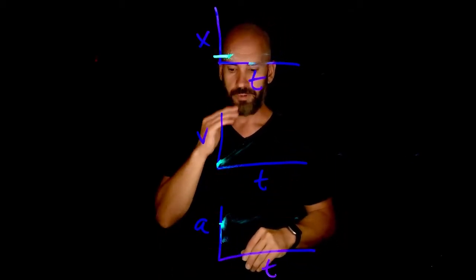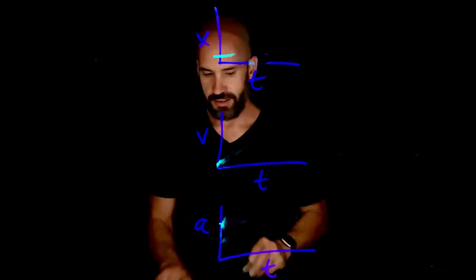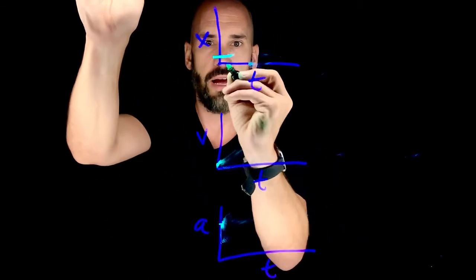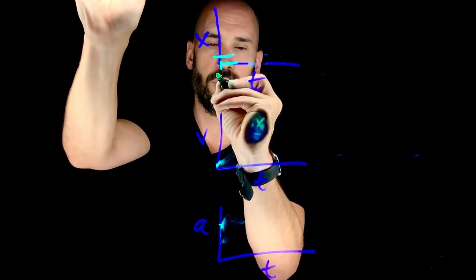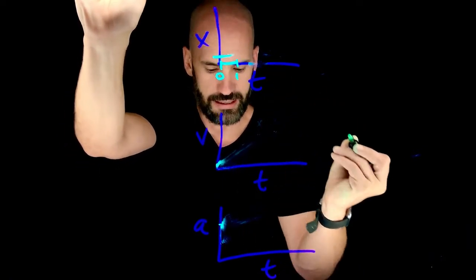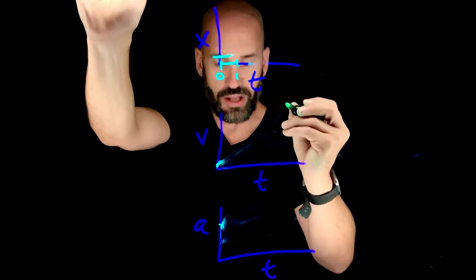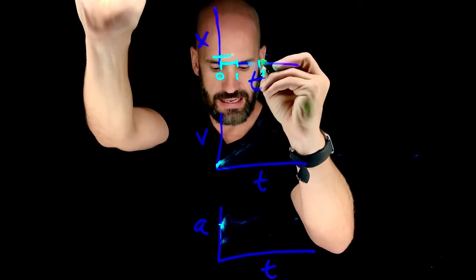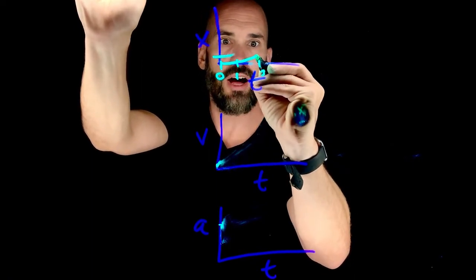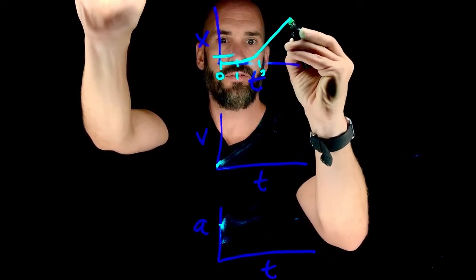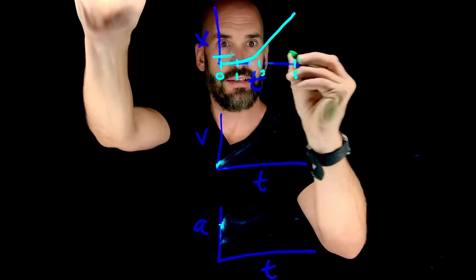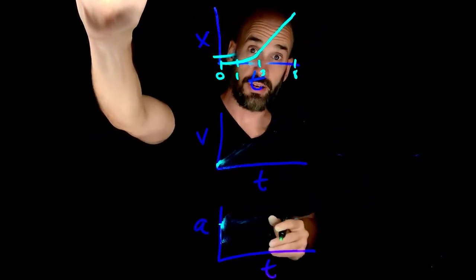So, okay, we have here a position versus time graph that looks like this. Basically it's doing nothing from 0 to 1. Then from about 1 to 3, it's concave up. And then from 3 to about 8, it's a straight line.